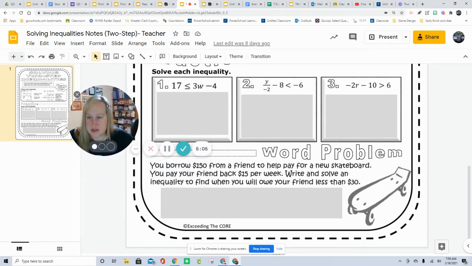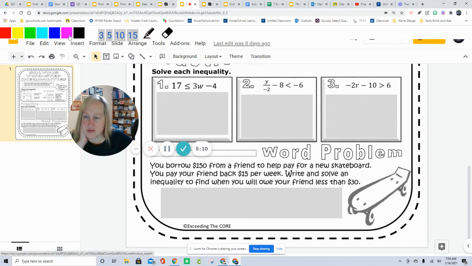All right, so this one is a word problem. We're going to think about it for a second. You borrow $150 from a friend, so that to me says negative 150, to help pay for a new skateboard. You pay your friend back $15 per week. Okay, so that would mean I'm plus 15.